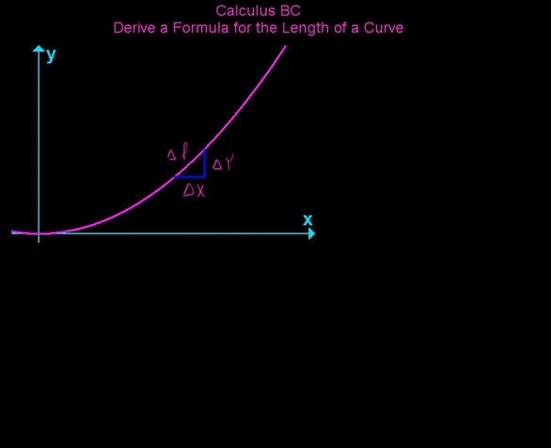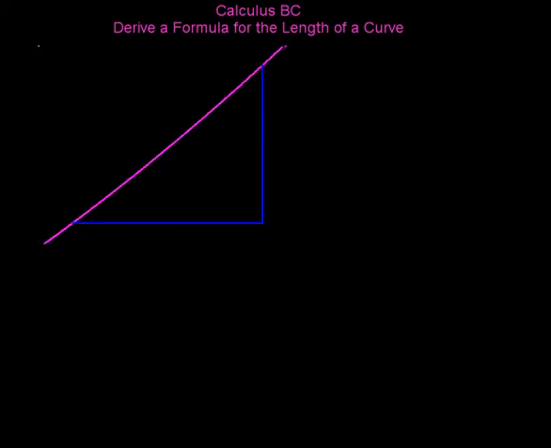So if we zoom in on that little section, that's the slope triangle. This is our delta x, and since we've zoomed in so far, let's call this a dx, and this a dy. And then this will be dl for the little tiny change in arc length.